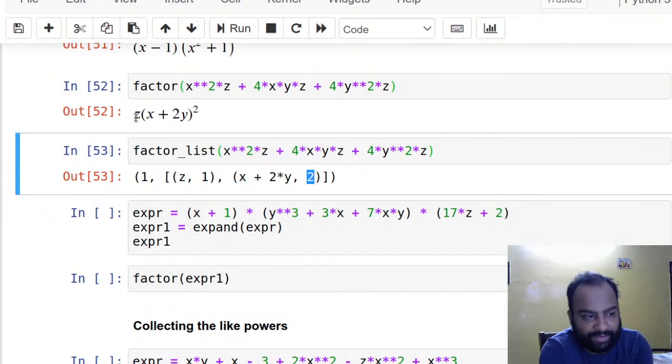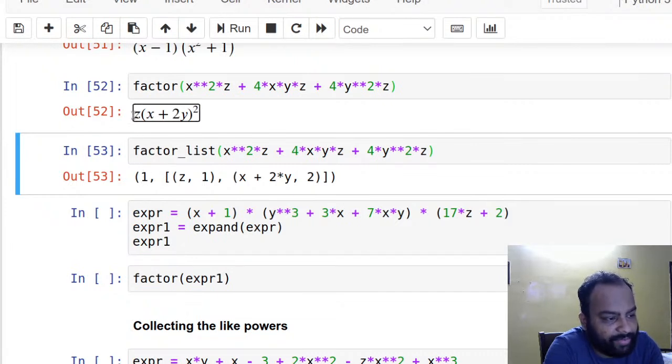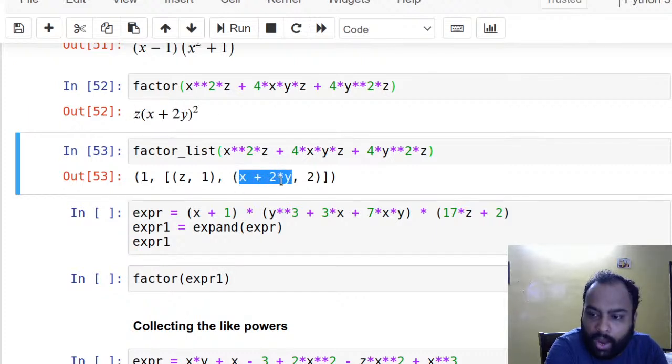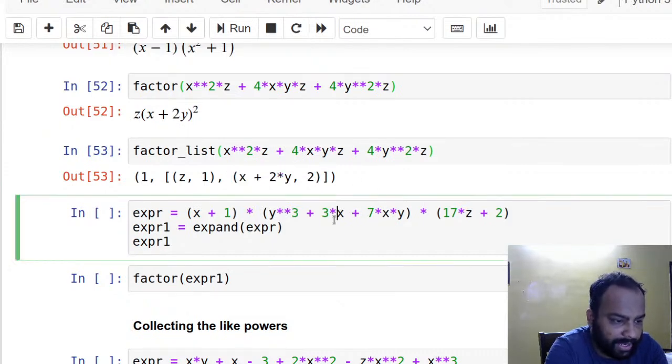One is a factor of everything, right? So of course 1 is a factor. Then there is a factor z, but that has a power of 1. So this is what it represents. Then there is a factor of x plus 2y, but it has a power of 2. So this is what this factor list function gives you. It tells you x plus 2y has a power of 2, right? Like that. Right. All right.